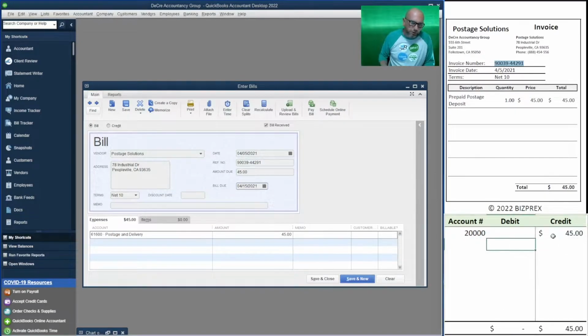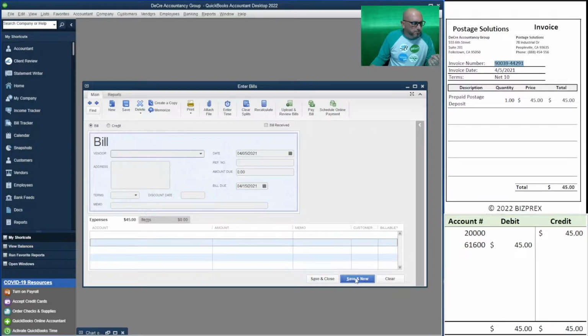Technically, we could book it as an asset, but because it is so insignificant, we're unlikely to get refunded. If we do, we can reduce our expenses. We book it as expense right away. So this amount right here, 45, is a debit to account 61,600, and this amount right here is a credit to accounts payable account 20,000. All right, save and new.